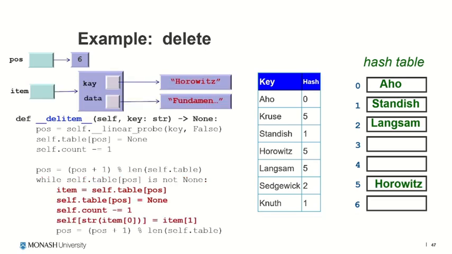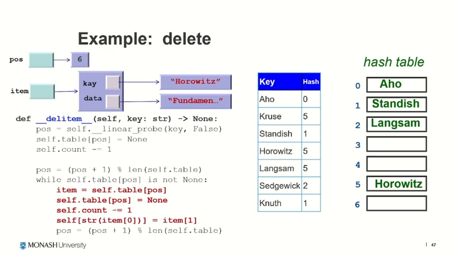We then set the table position, so we set position 6 to None. Because we're about to reinsert the item into the hash table, and as part of the set item we add 1, we actually first need to subtract 1 to note that we've deleted an item, and then use the set item to reinsert it into the hash table. And we can see that in this example it was reinserted into position 5.